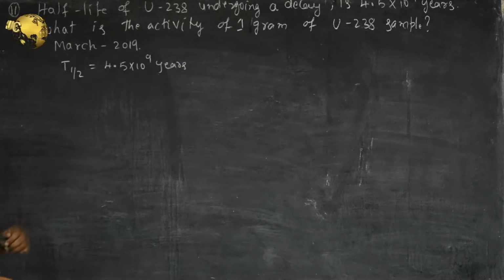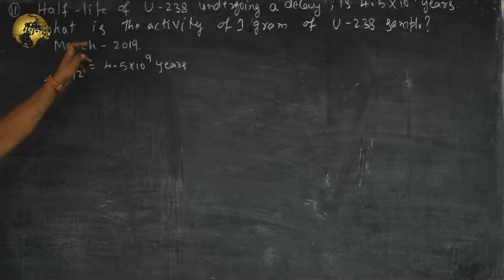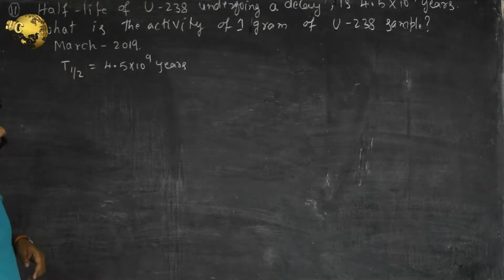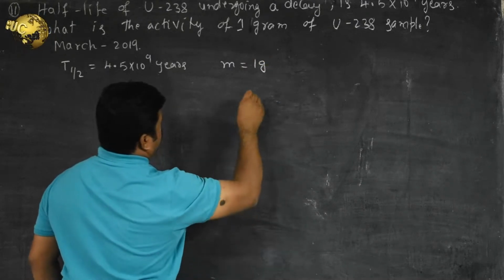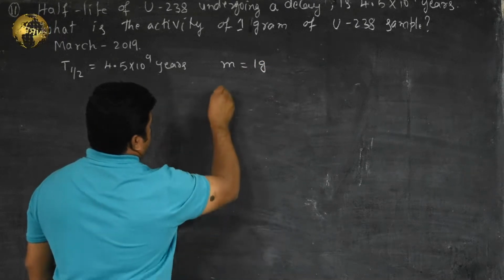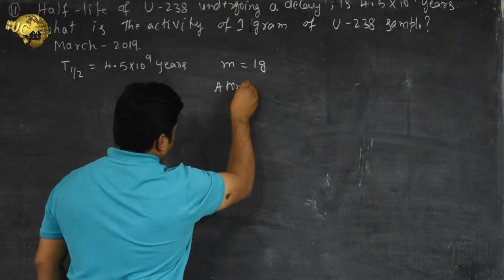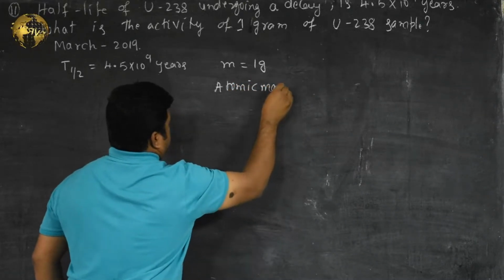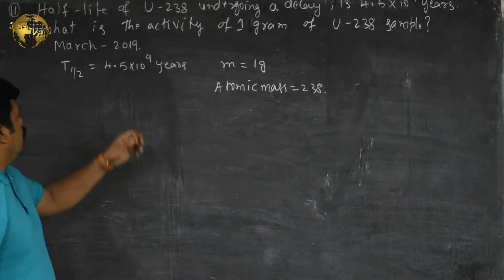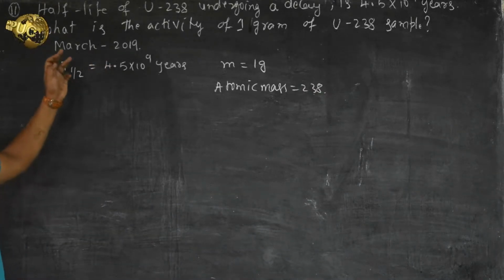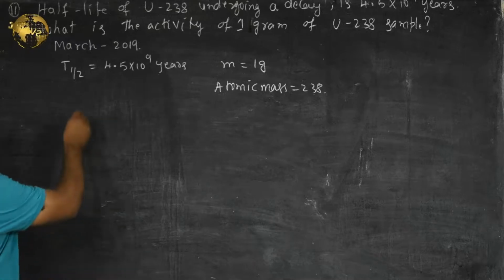Later we will convert it into seconds. What is the activity of 1 gram of uranium-238? So the mass is given as 1 gram. The atomic mass we need is 238.